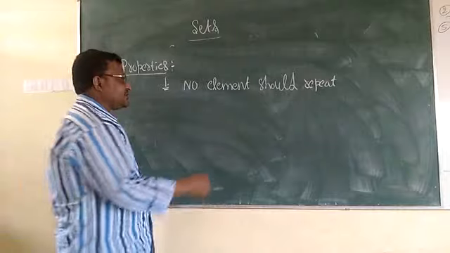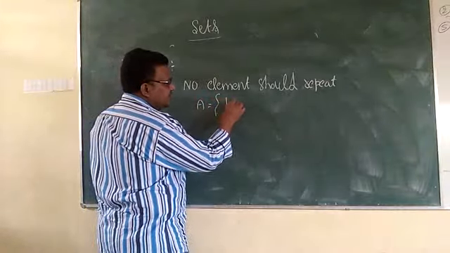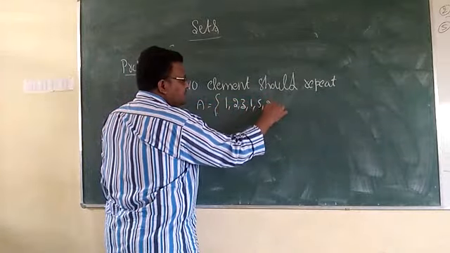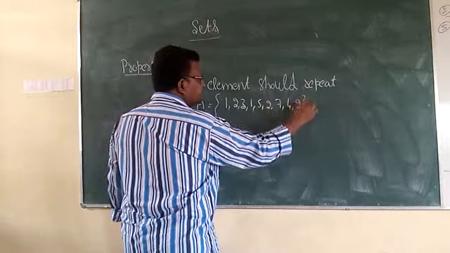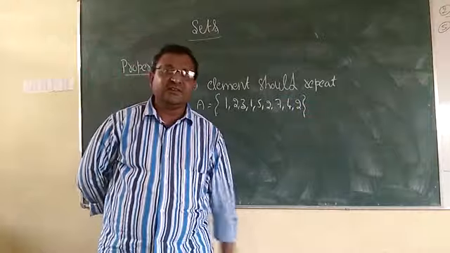That means A is one set, in which the elements are 1, 2, 3, 1, 5, 2, 7, 4, 2. So these are the elements in set A.